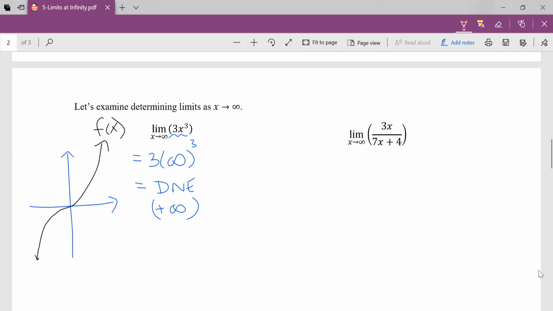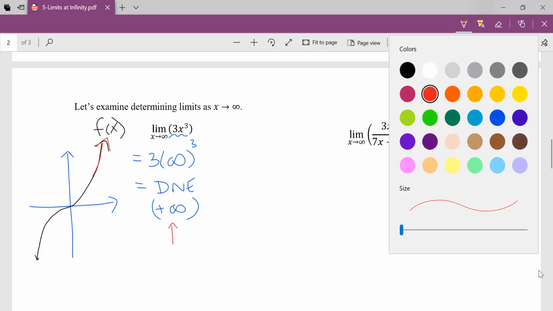They're growing without bound, continually getting larger. So the limit doesn't exist because the limit has to approach a real number. Why we'll see positive infinity written is simply for that sense of direction for when we go to draw these things.